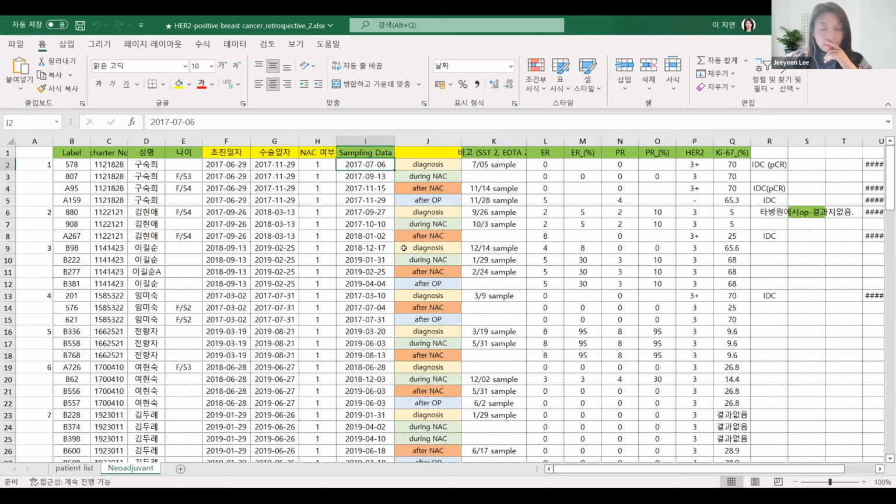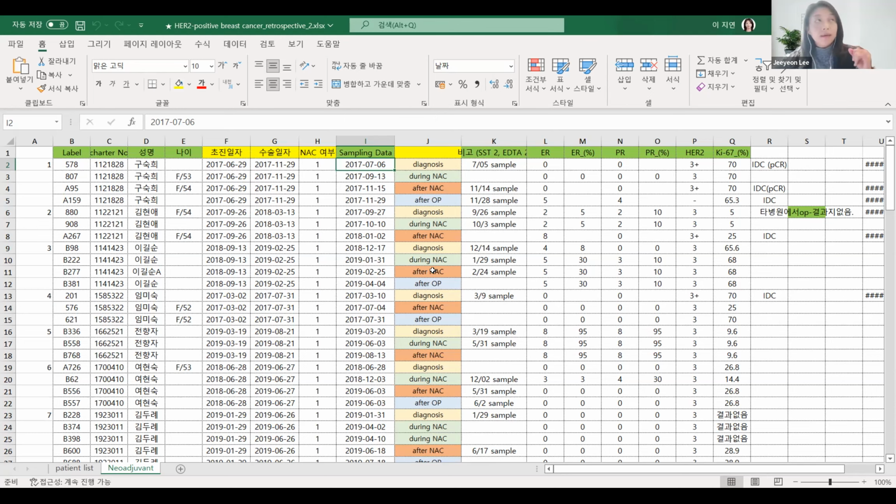I think there would be some events with recurrence or even death, maybe, because these are all HER2 positive, which is aggressive disease. And when I come from this cohort, my fellow will collect the clinical data, and our lab will find the files and I will prepare.